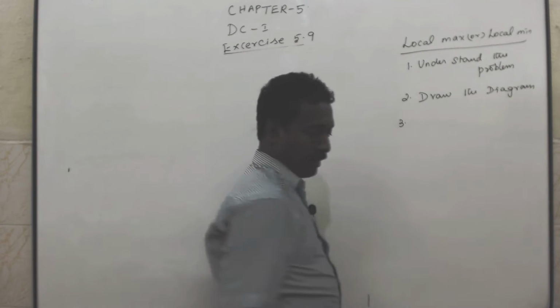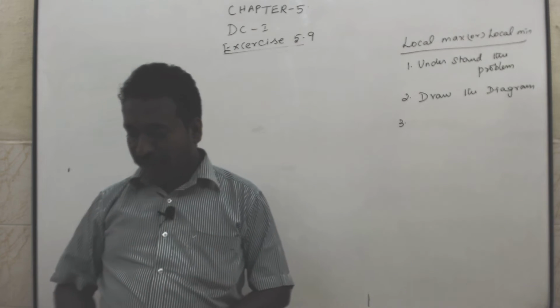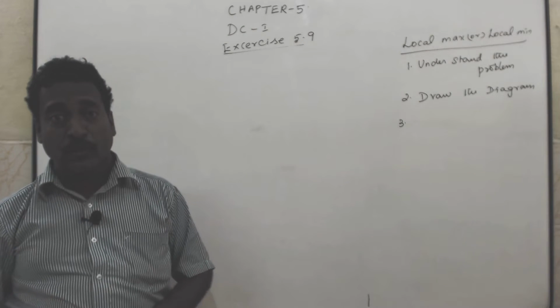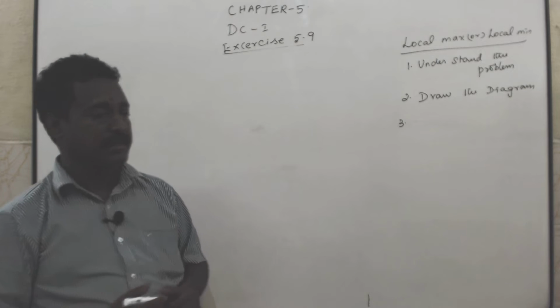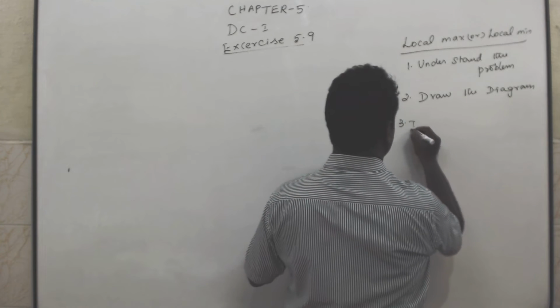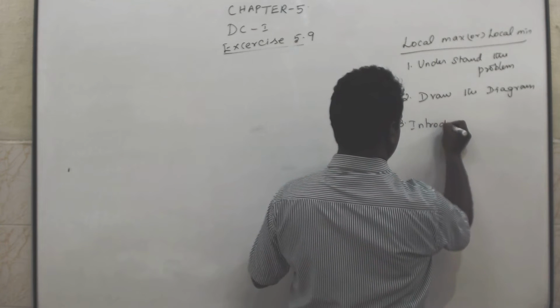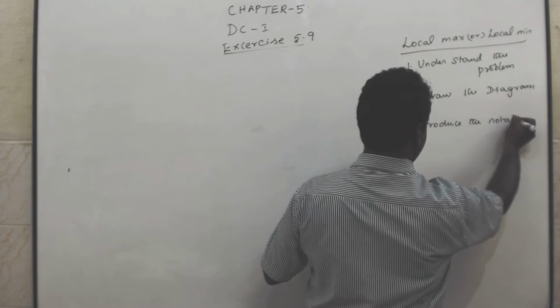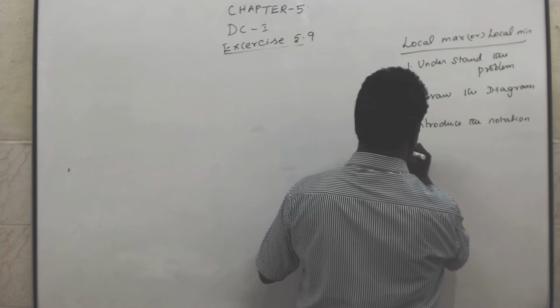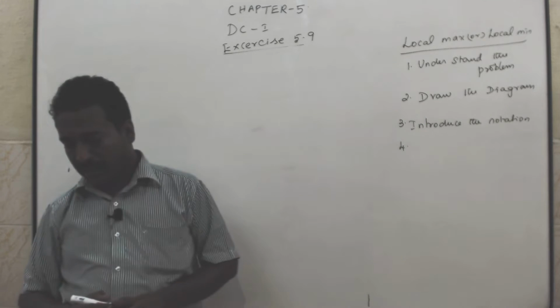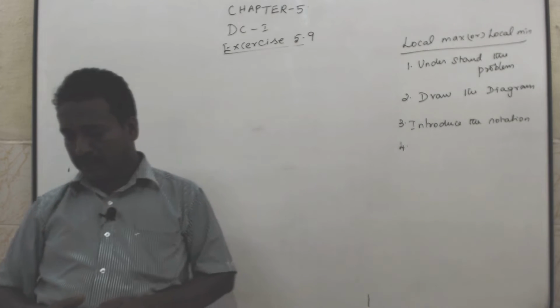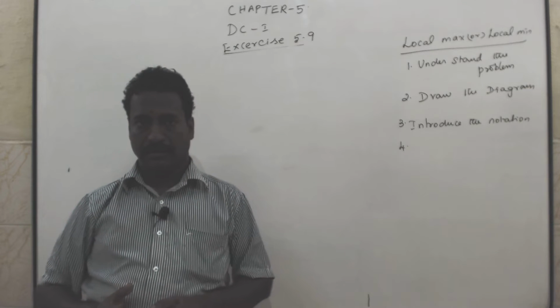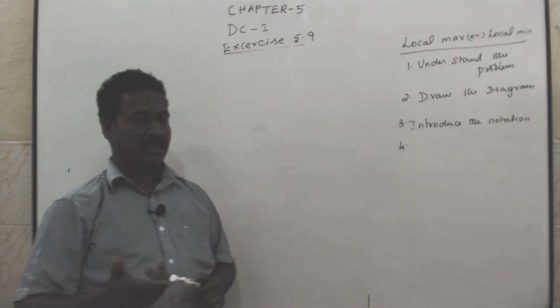Step number 3, with the help of the diagram, introduce the notations, letters. Step number 4, what type of problem is this? Is it maxima or minima? Express one term in terms of the other.